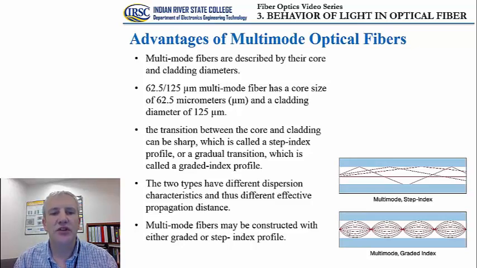The transition between the core and the cladding can be either sharp, in which case we are talking about the so-called step index profile, or the transition can also be gradual, which is the so-called graded index profile. The two types have different dispersion characteristics and therefore different effective propagation distance.